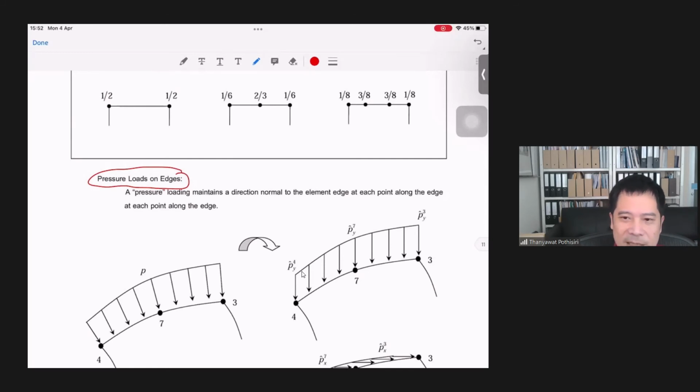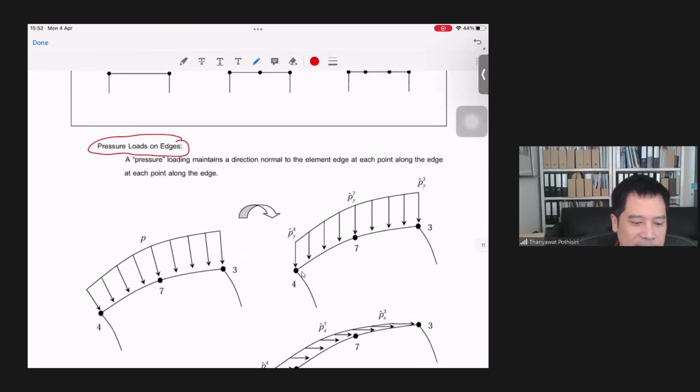So on a curved edge, if the load is normal to the surface, then it means that the direction of the load keeps changing, right? So how do we deal with this kind of loading then?